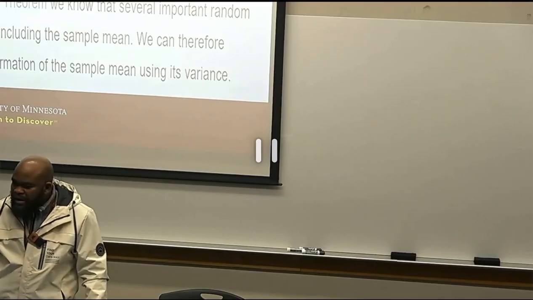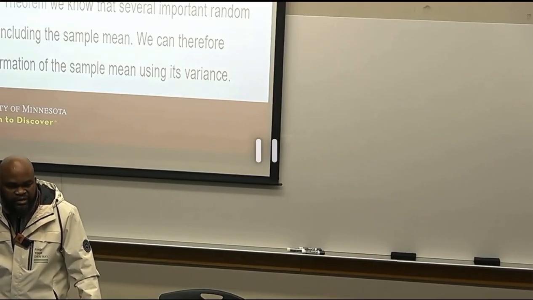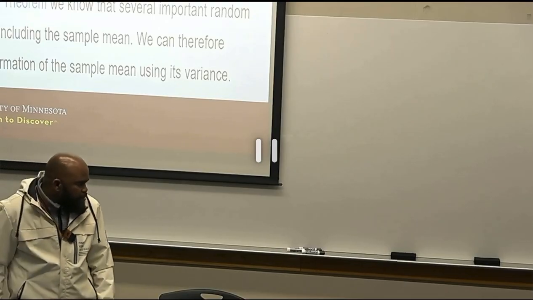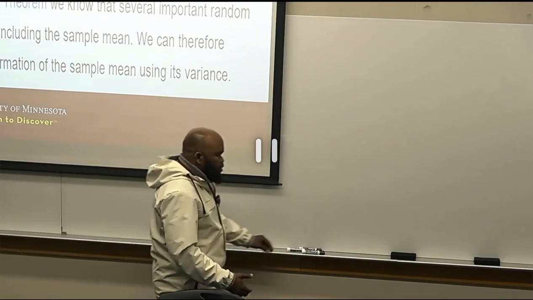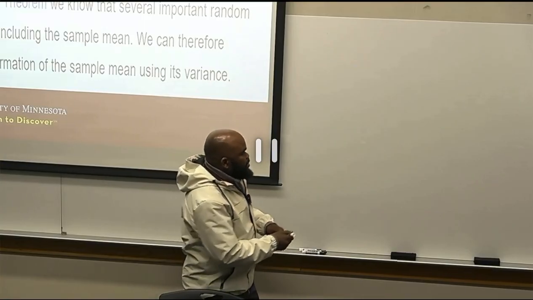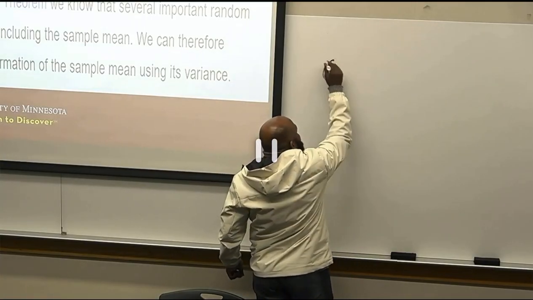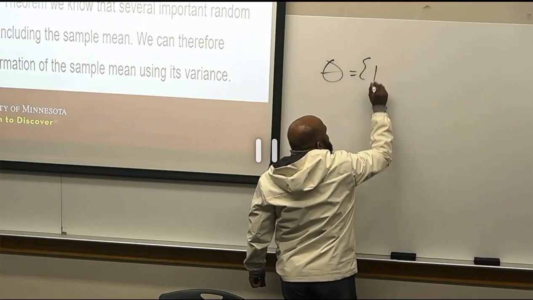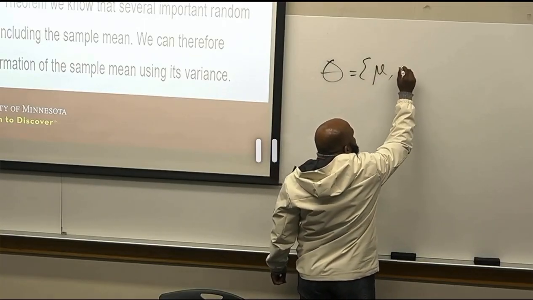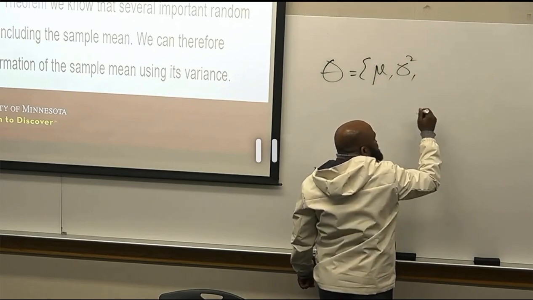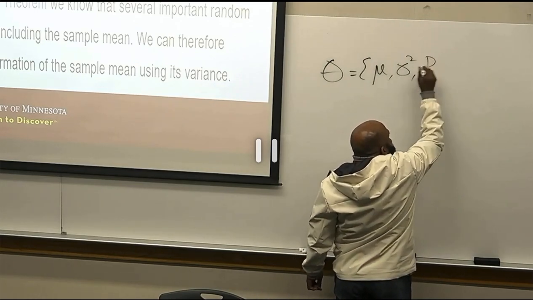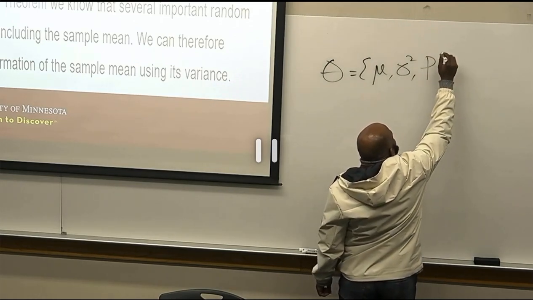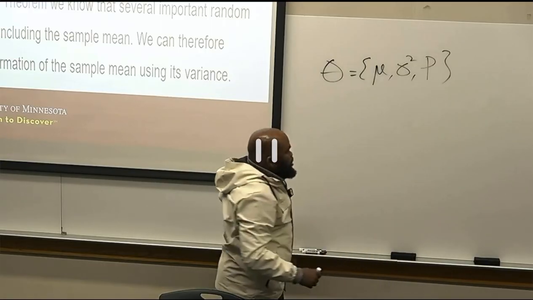A parameter is a population characteristic value that we seek to determine. Parameter could be population mean. So when I say parameter theta, it could be population mean, it could be population variance, it could be population proportion, okay, and so on like that.